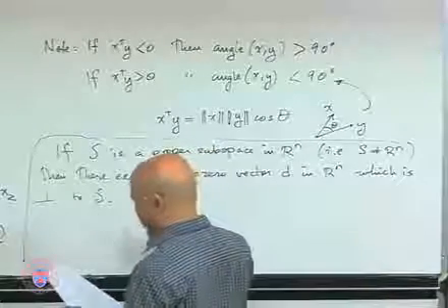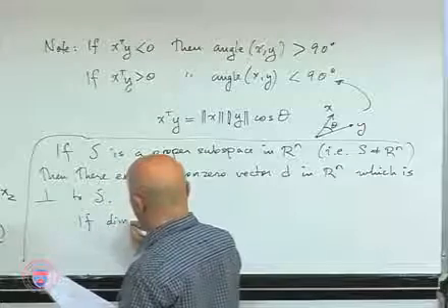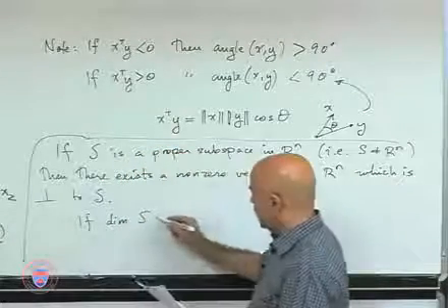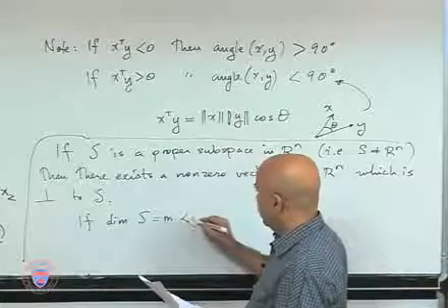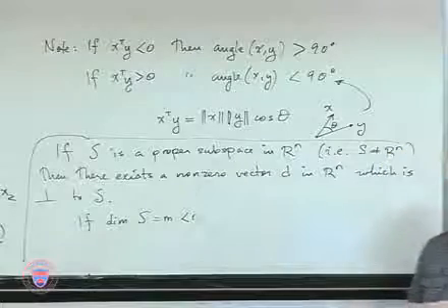Well, before the example, let me also give you the following relationship. If the dimension of the subspace S is, say, M, which, because it's a proper subspace, should be less than N, okay?